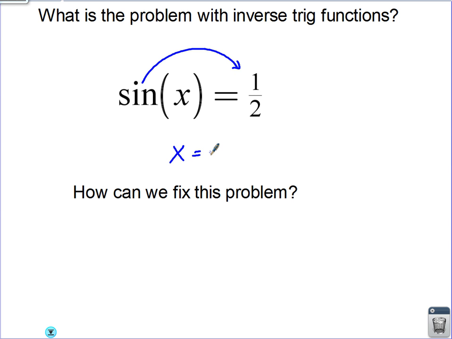Sine of what is 1/2? We'd do inverse sine of 1/2, and we would get, y'all know that one, 30 degrees. Does anybody see an issue with that now? The sine of 30 does equal 1/2, that's true. But is that the only value that gives us a sine of 1/2? What's the sine of 150?